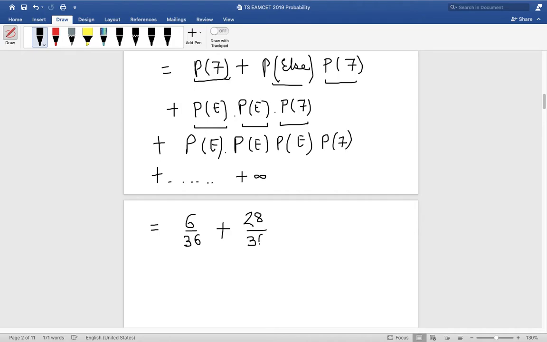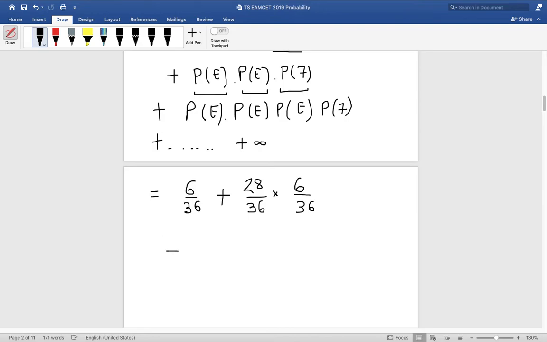28 by 36 times 6 by 36. Then if I don't roll 7 again and I have to roll something else again, so P of E, which is neither 7 nor 11, is 28 by 36, then 28 by 36 again. Okay, and after that I have rolled 7, so probability 6 by 36.